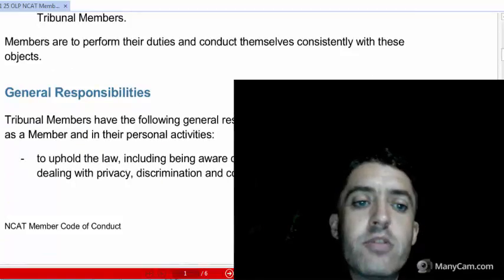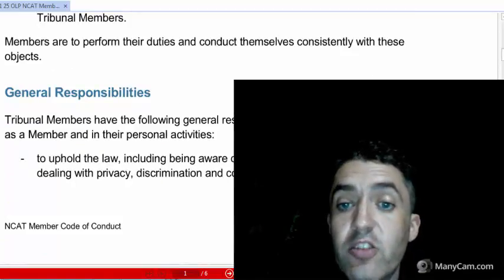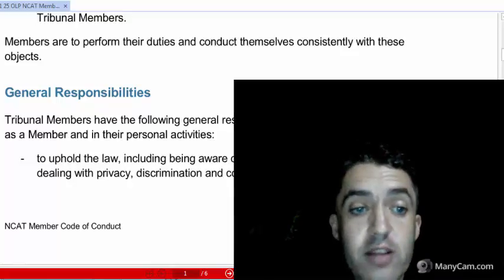Members are to perform their duties and conduct themselves consistently with these objectives.